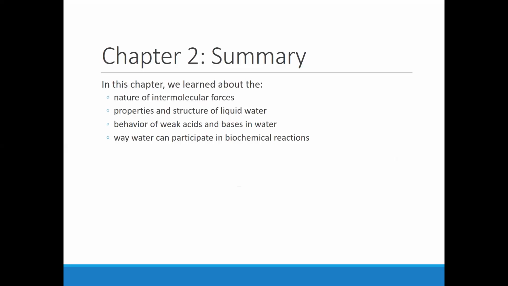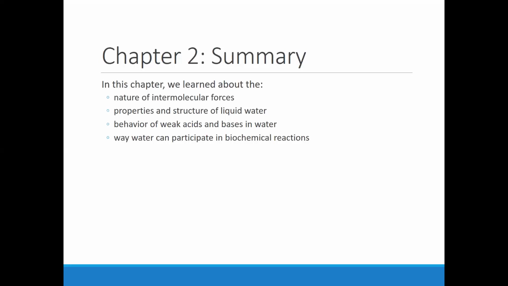Okay, so in summary here, in the whole of this chapter, we talked about water, and we talked about the nature of water's intermolecular forces. We also talked about properties and structure of water. And here we're really focused on the behavior of weak acids and bases in water, how to talk about them using pKa and pH, what those numbers mean, and how to calculate between concentration, pH, and pKa.